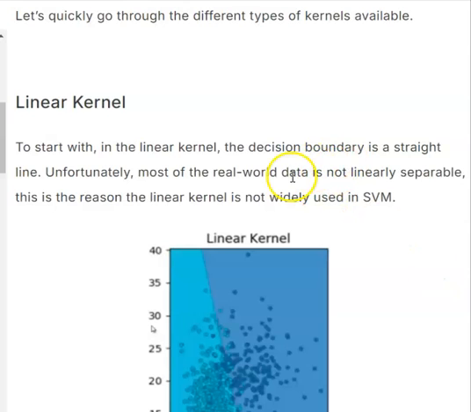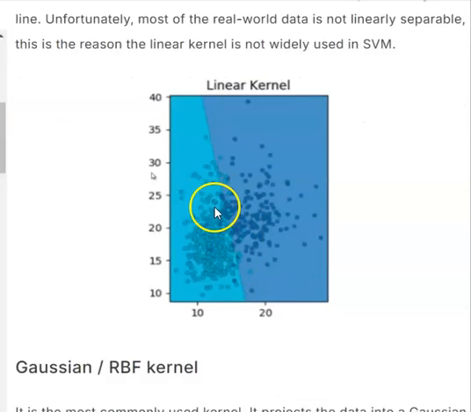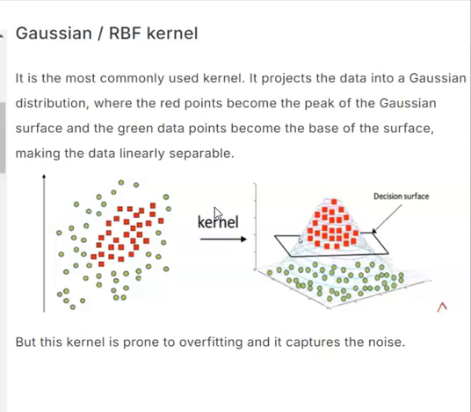Now let us look into the kernels. One kernel is the linear kernel. You can see that the boundary is basically a straight line. Most data sets are not linearly separable, so in such cases, the linear kernel may not be helpful. Or when it is like this, as I told you, you can add one more dimension, which means you can pull it towards your end.